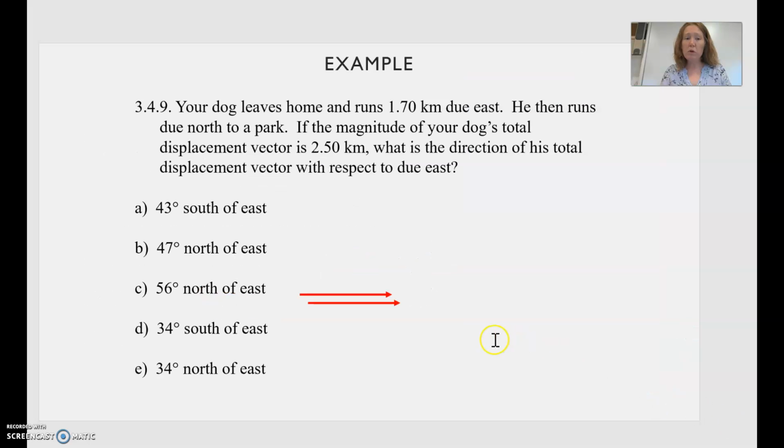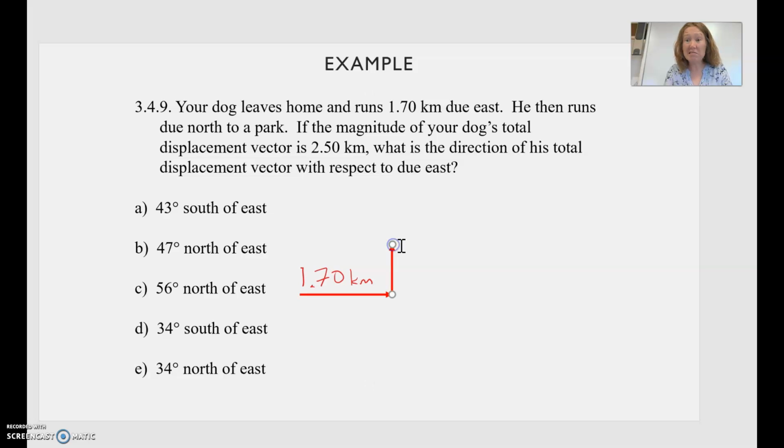Then let's do one more. Here's a problem where it says your dog leaves home. He runs 1.7, let's make this arrow be our 1.7 km east. Then runs north. I've got to turn this arrow. We don't know how far north, right?